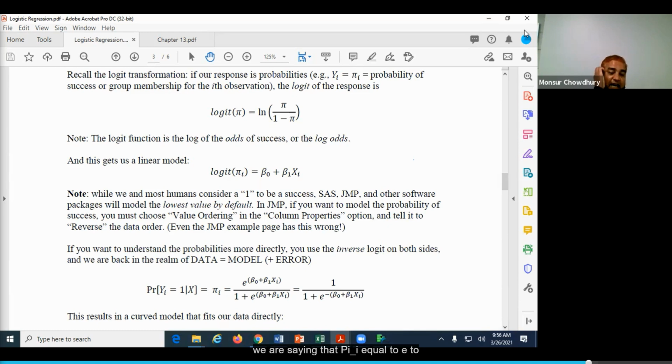So we are saying that pi_i equals e to the power beta 0 plus beta 1 x_i, divided by 1 plus e to the power beta 0 plus beta 1 x_i. Look at this situation, how we get this one, we get it from this part.